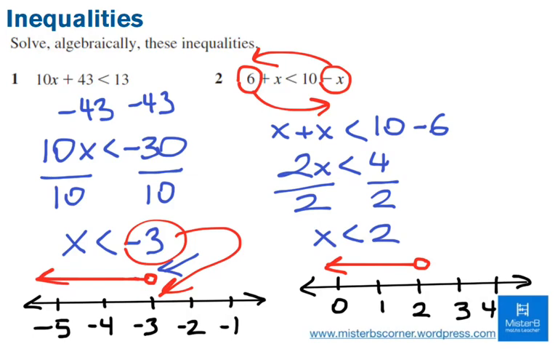So if the sign of this inequality would be greater than, then I would be showing my solution with the same border with an empty circle, but it's going to be this way, right, because it's greater than. And in the case that I have the equal sign under the inequality, so this is going to be less than or equal to, then I would be having this full circle here to indicate that this border is in the solution.